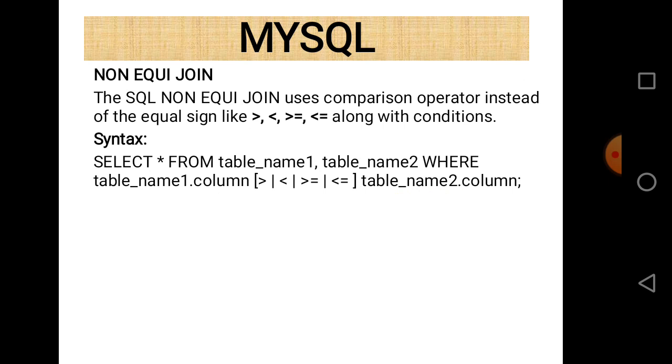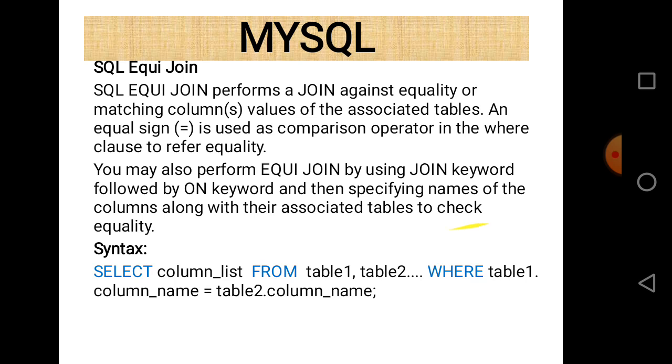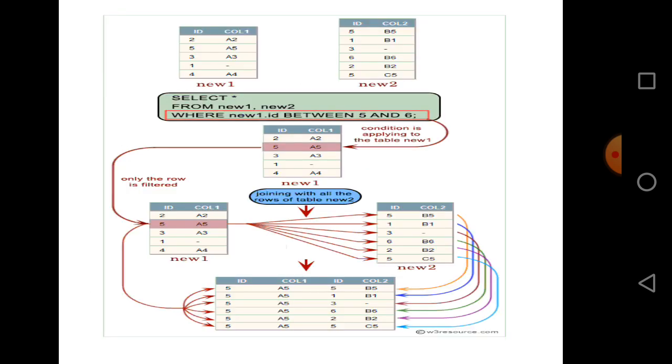So in Equi Join only the equal operator is used as the comparison operator, and in non-Equi Join other comparison operators like less than, greater than, less than or equal to, greater than or equal to are used. The rest of the things are the same when we compare Equi Join with non-Equi Join. So this is the diagrammatic representation of non-Equi Join.